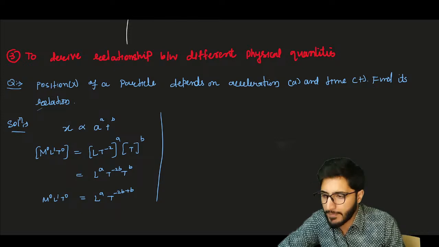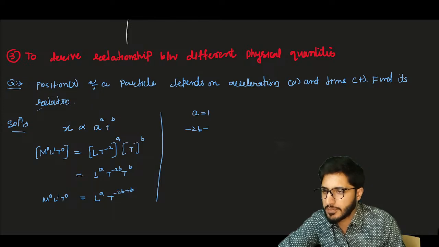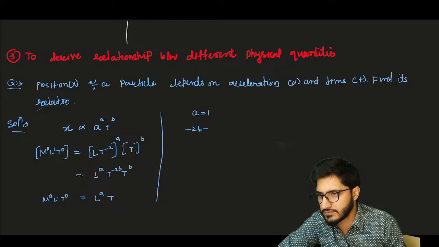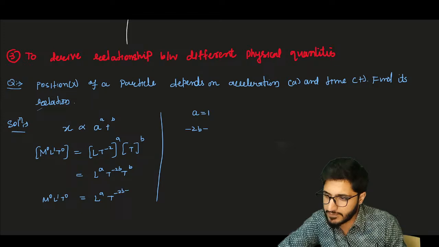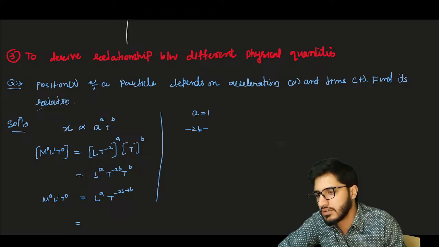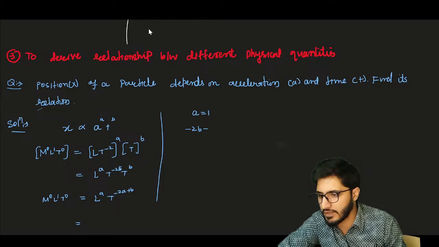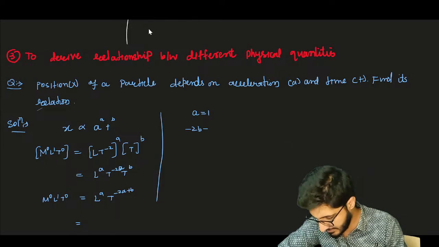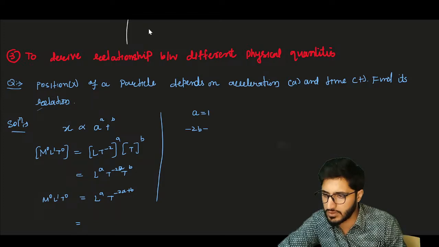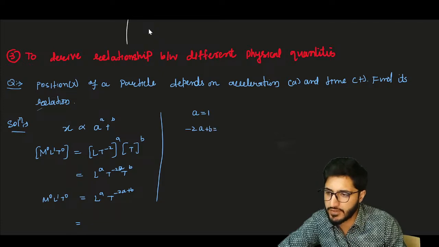So a is equal to 1, and for time, minus 2a plus b equals 0. With a equal to 1, it is minus 2 plus b equals 0, so b came out to be 2.